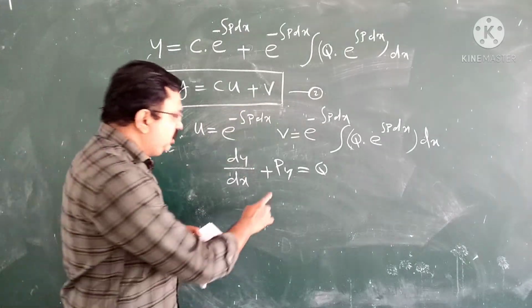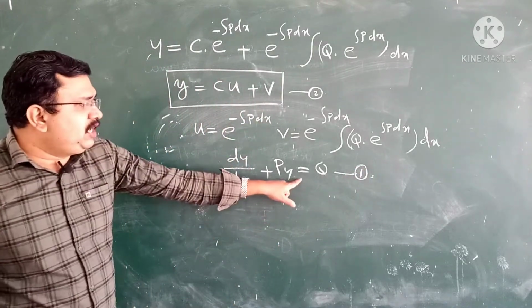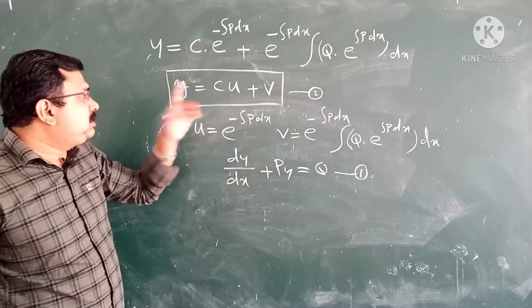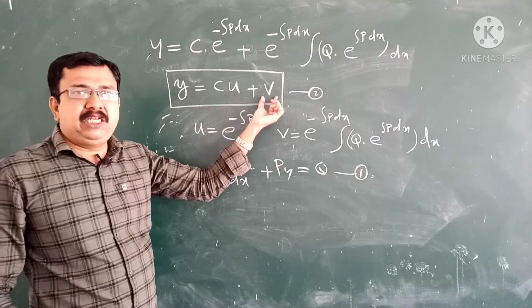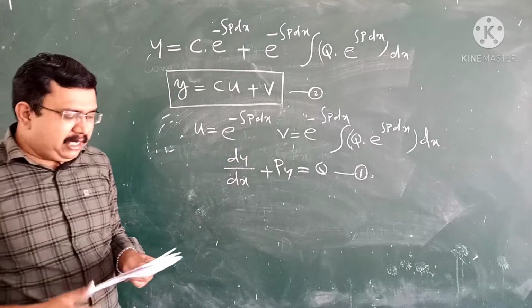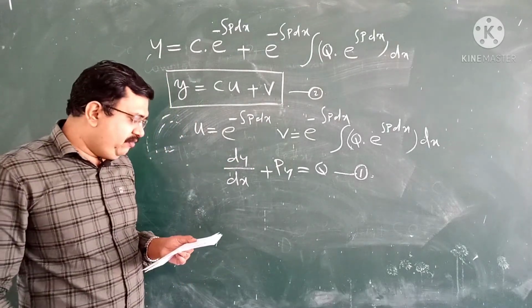The solution of equation number 1 consists of two parts. The first part is cu and the second part is v.